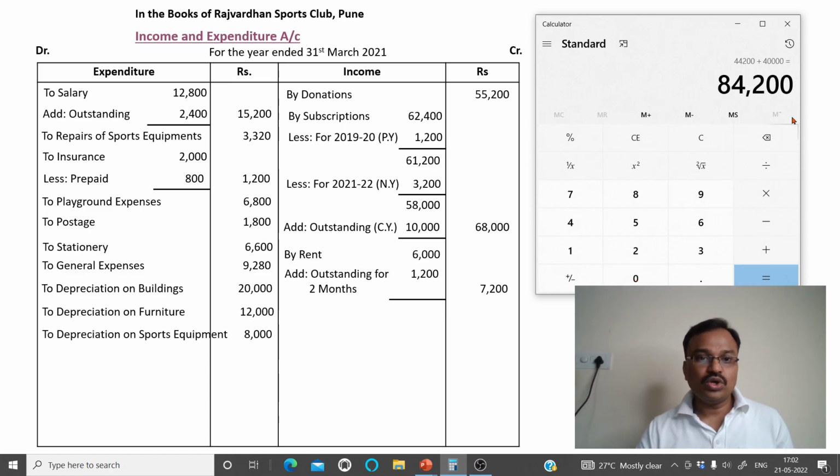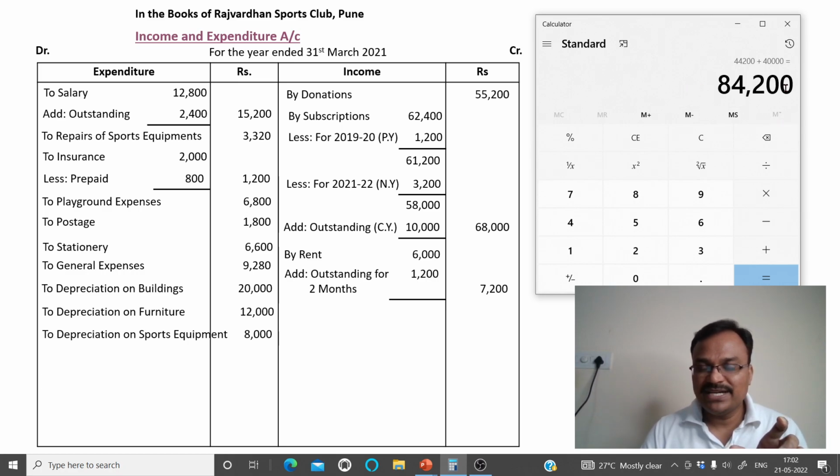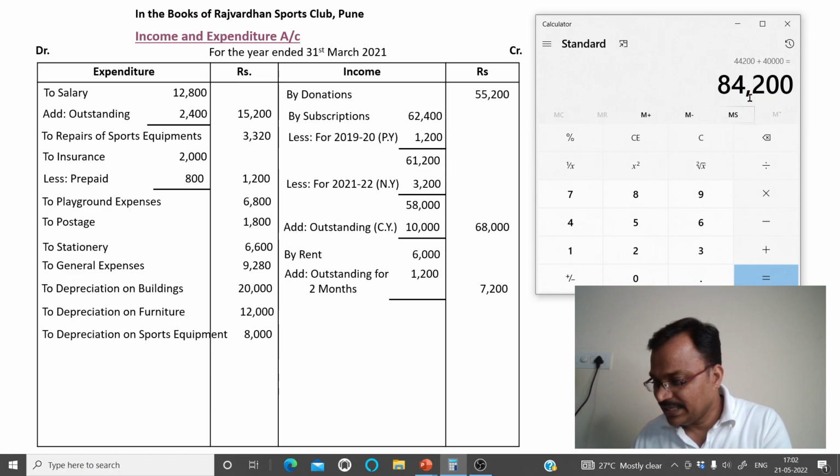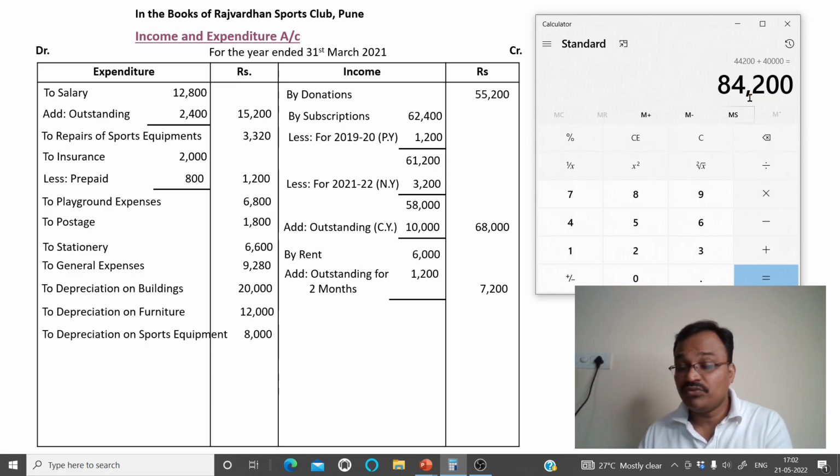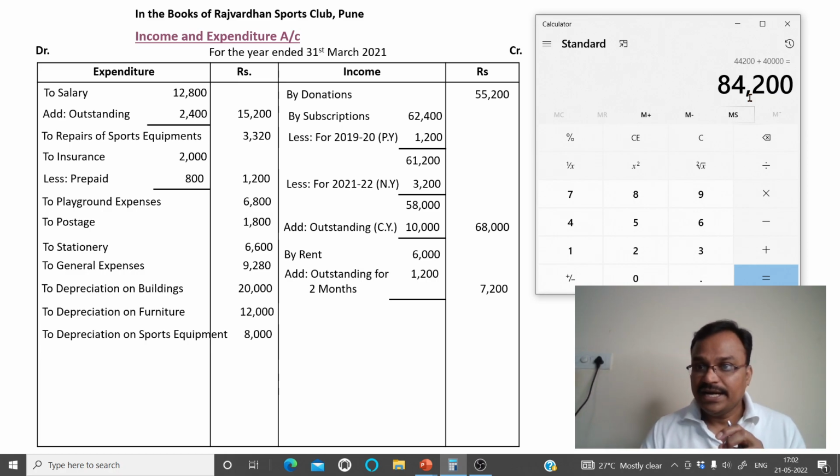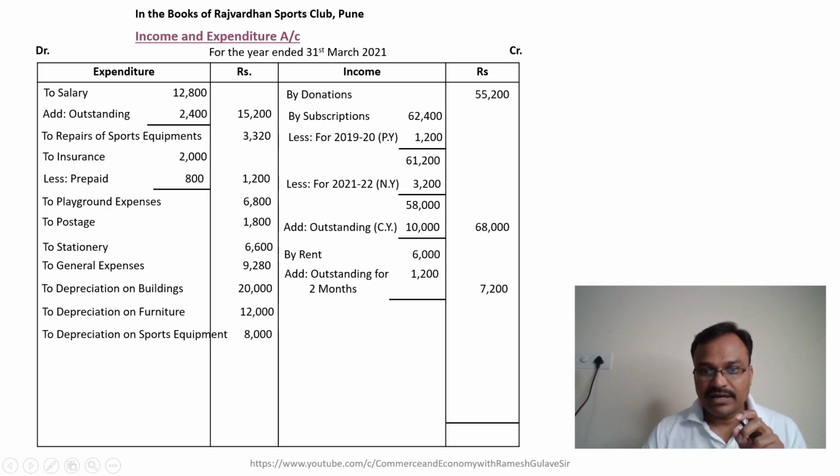Okay, so total addition of debit side is 84,200, and we have seen that the total of credit side is 1,30,400. It means credit side is greater than debit side. Okay, so debit side is 84,200. So now first here record the total of credit side because it is more than the debit side.